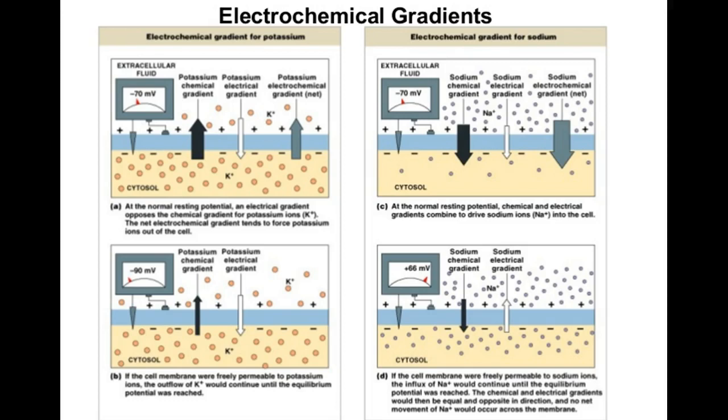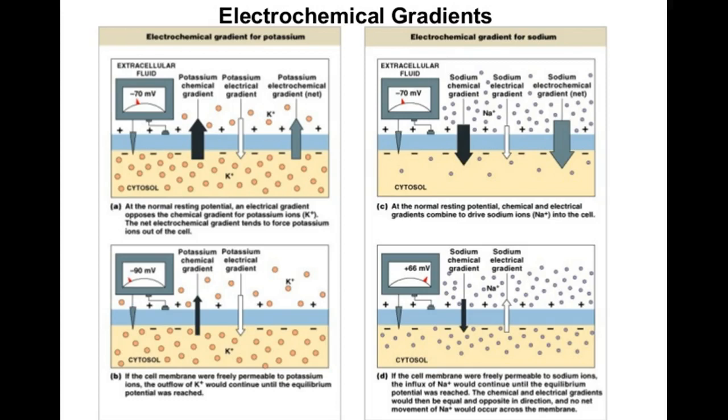So upper left, I'll just talk about that one, and then you can kind of figure the rest of them out. What you have is at negative 70 millivolts, you have potassium chemically having a strong urge to move out of the cell, to move from the intracellular fluid to the extracellular fluid.